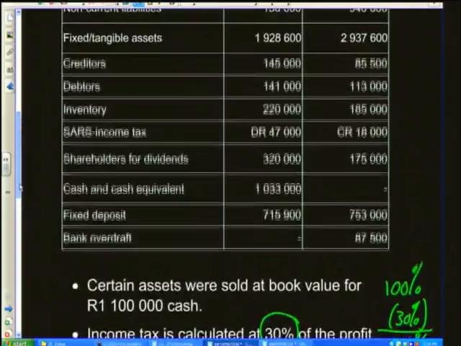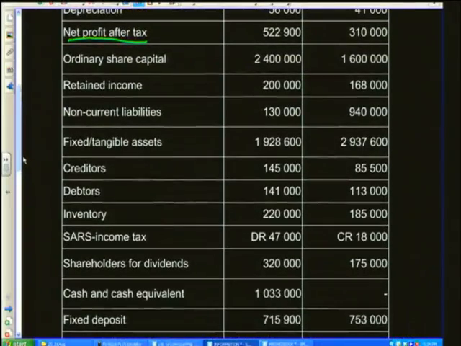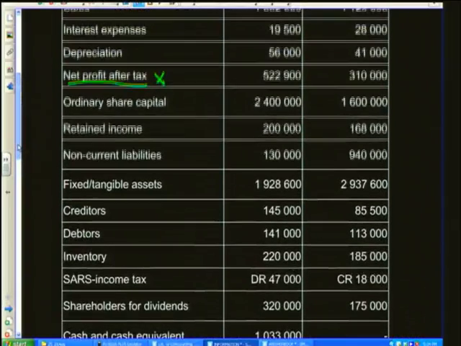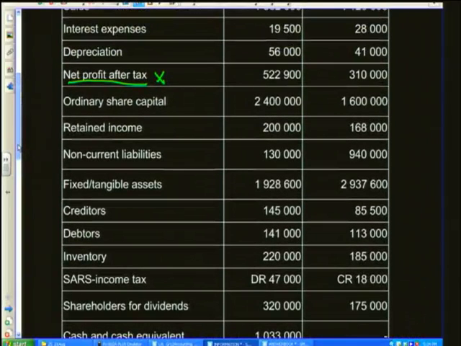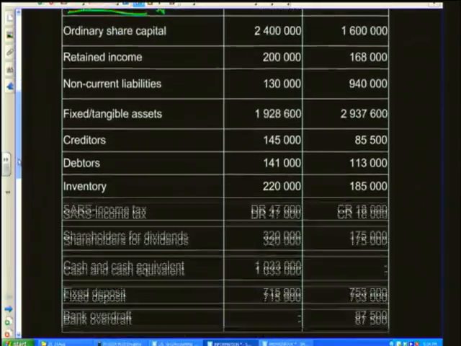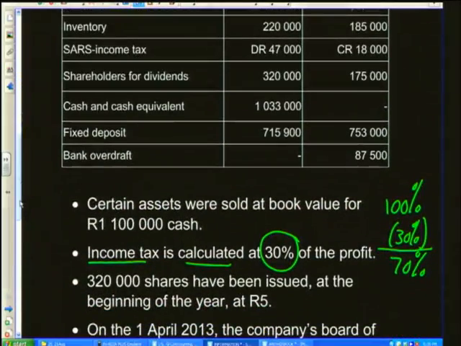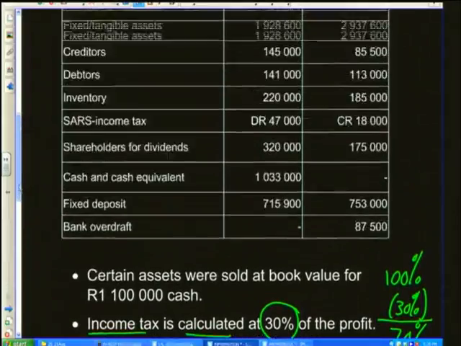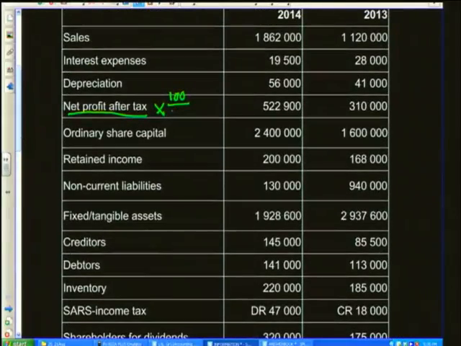Okay, so I've got net profit after tax. I'm going to take this amount and multiply it by 100, divided by 70, because net profit after tax is 70%, guys. That will now give me my net profit before tax. And remember, I should have mentioned this earlier on, we're looking at the 2014 financial year.